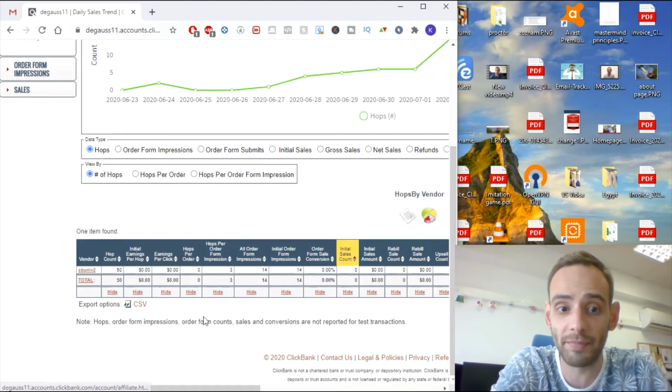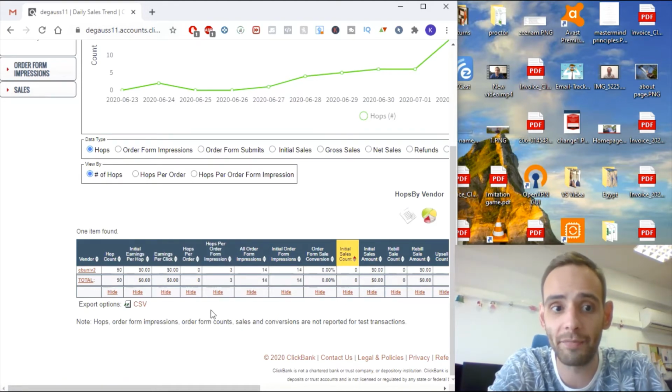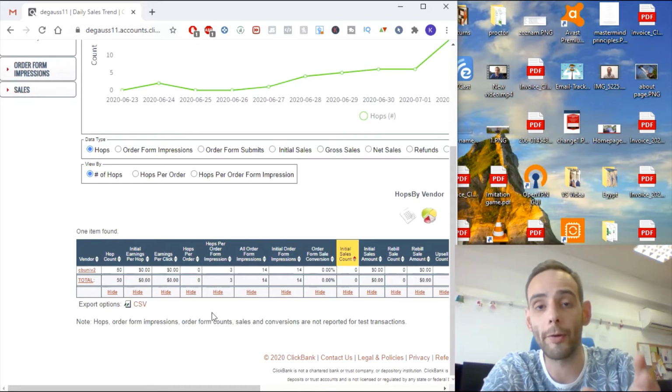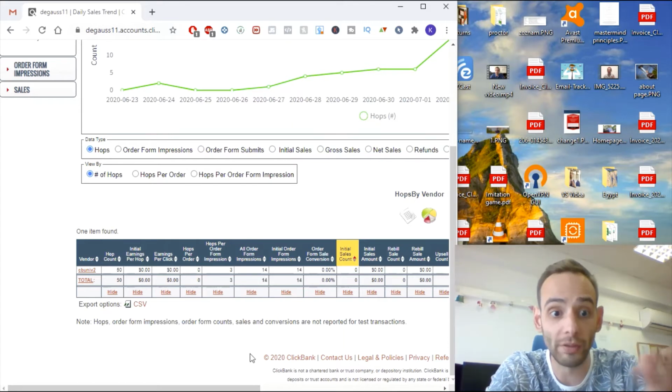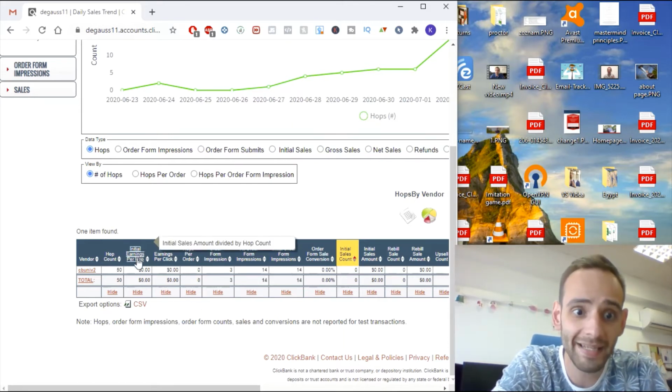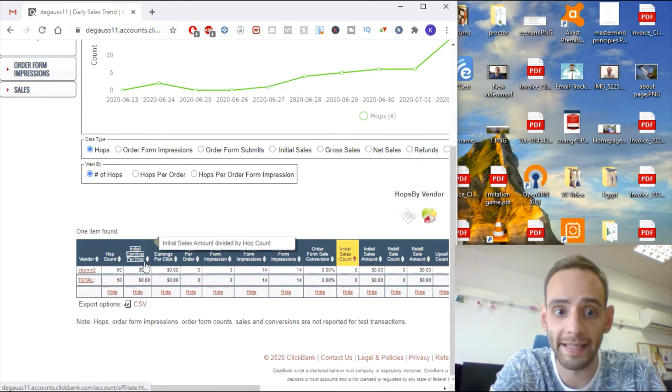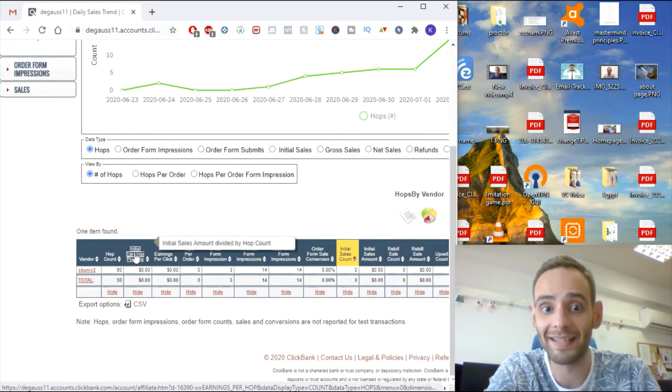The hop count is basically how many clicks have been made for that particular affiliate link you have generated for that particular product. Initial earnings per hop is initial sales amount divided by hop count.